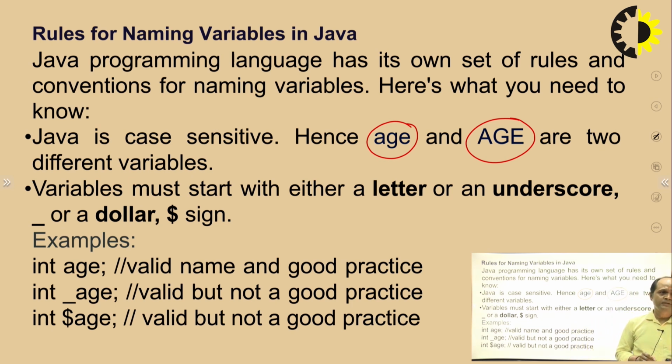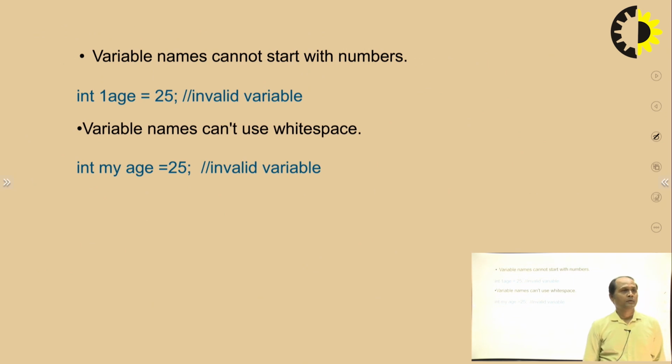A variable must start with either a letter, an underscore or a dollar sign. Suppose in the example, int age is a valid name and good practice. int _name is valid but not a good practice. int $age is valid but not a good practice. We can use it like this. A variable name cannot start with a number.